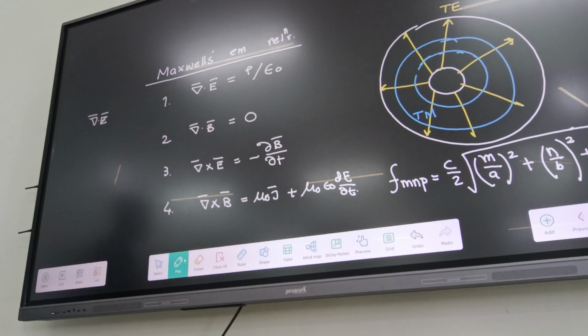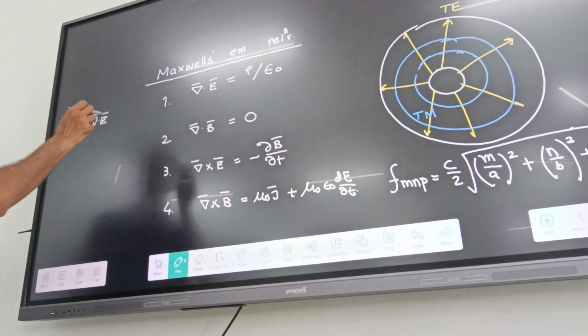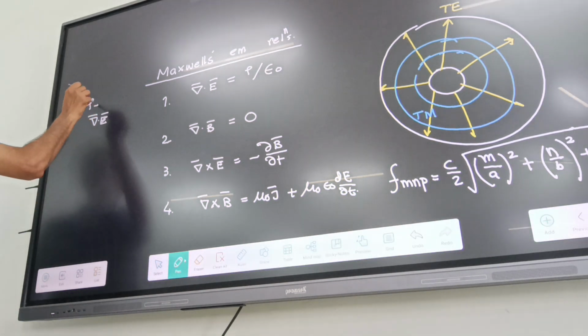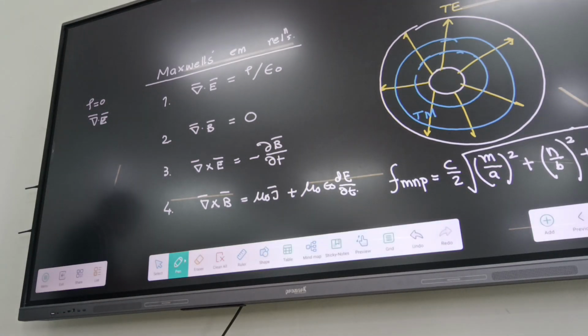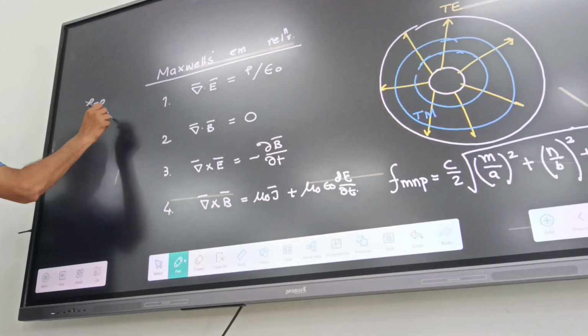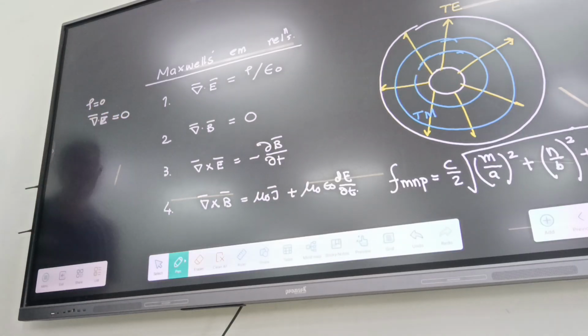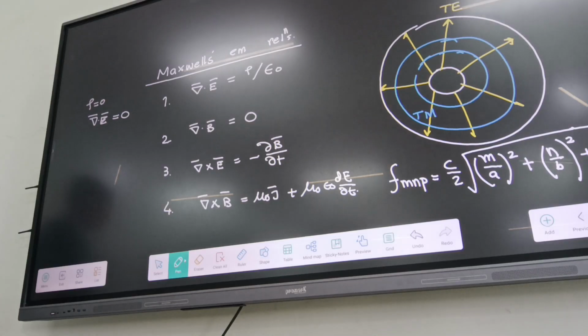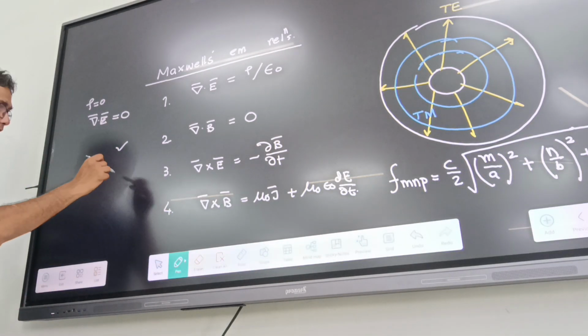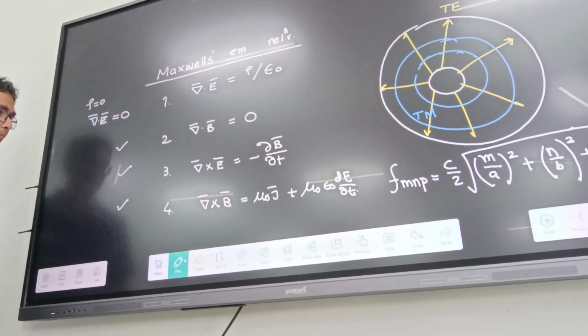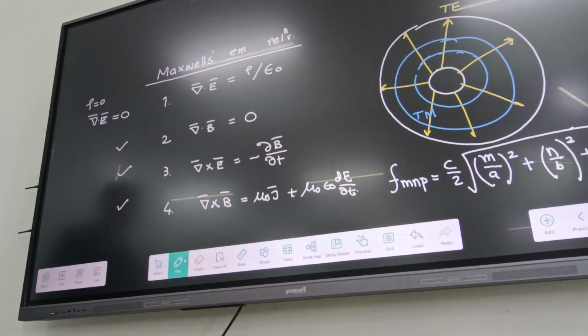Is there any charge here? Is there accumulation of charge? So it will be zero because it is a coaxial cable. What will be this one? This is universal, so this will be correct. This will also be correct, and this too. So both will be satisfied. Okay?